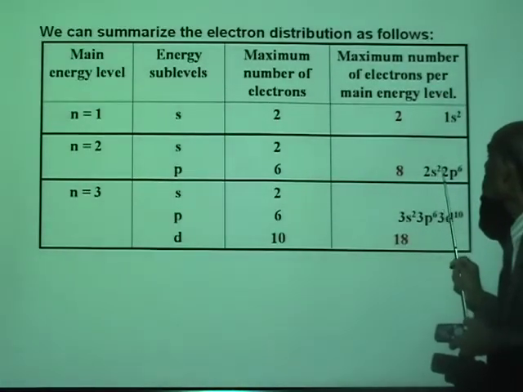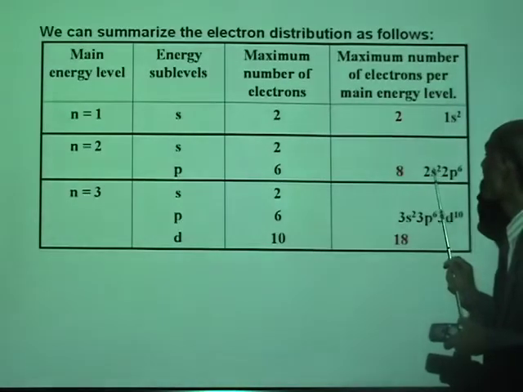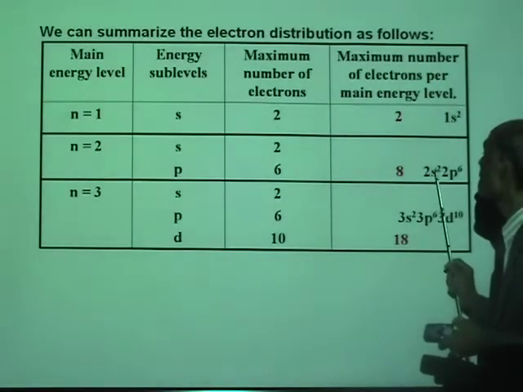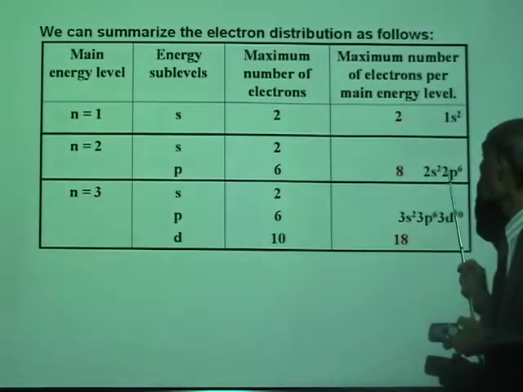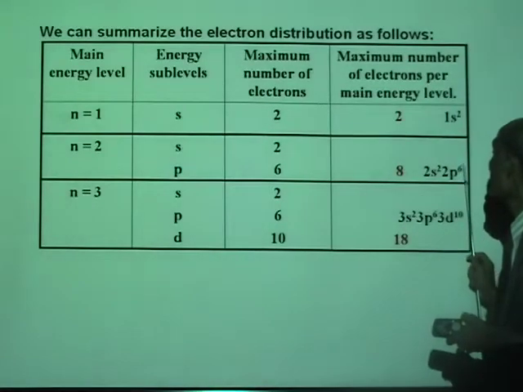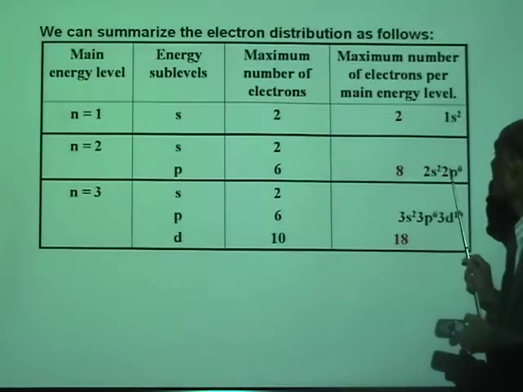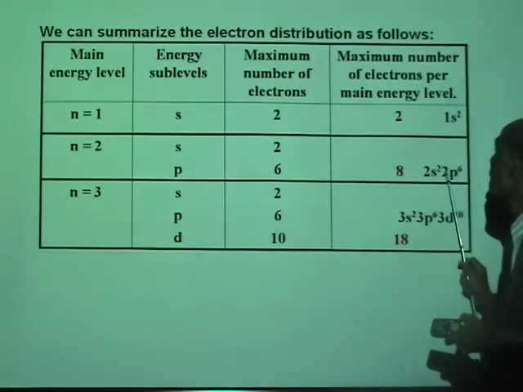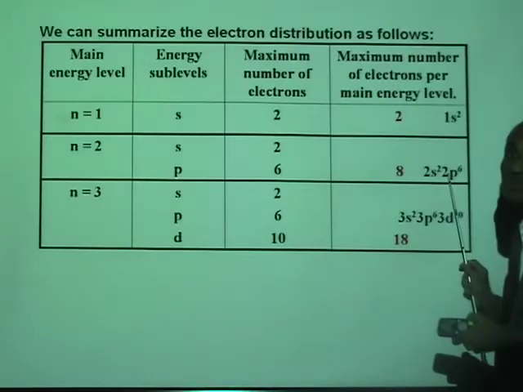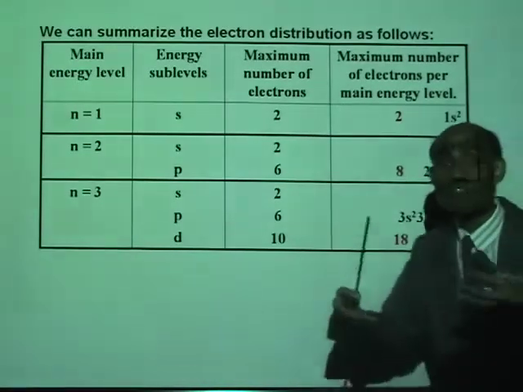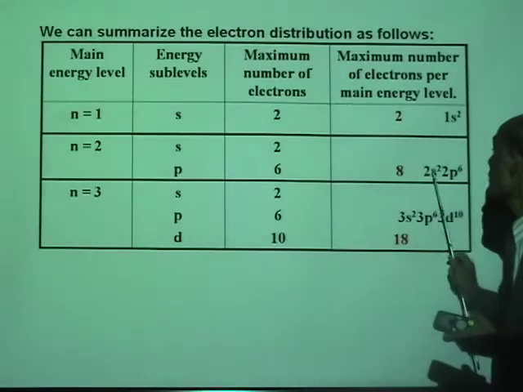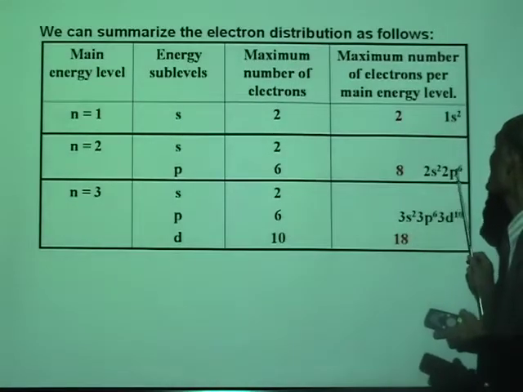This 2 says 2 electrons in the s subshell for n equal to 2. What does 2p6 tell you? 6 electrons in the p subshell of n equal to 2. So, these 8 electrons are configured as 2s2 2p6.